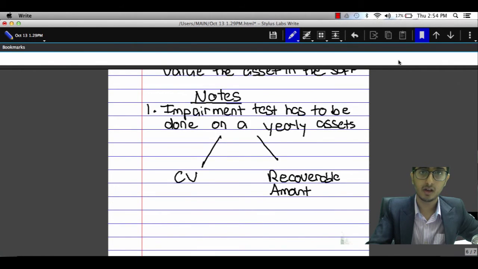Okay. Now, the second thing to consider when it comes to impairment is that it should be done to the whole group of assets.